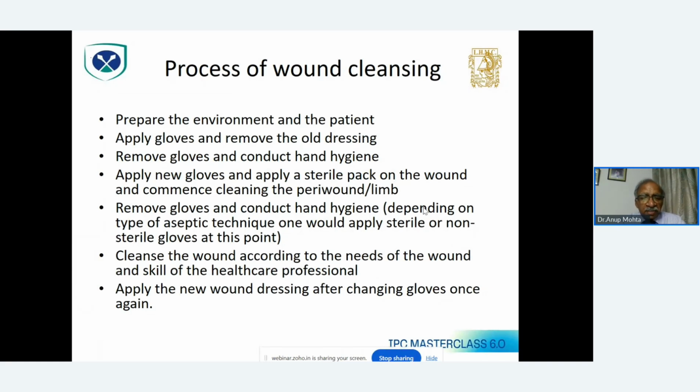So this is the importance of wound cleansing and the process which has to be followed. After cleansing the wound, we have to apply the new wound dressing and change the gloves once again. So there's repeated glove changing between each step of wound cleansing. It may not be cost effective for certain institutions, but a proper method requires this.